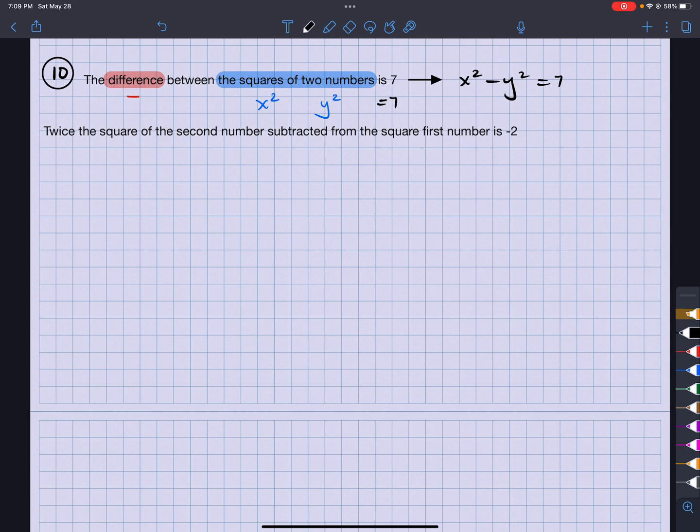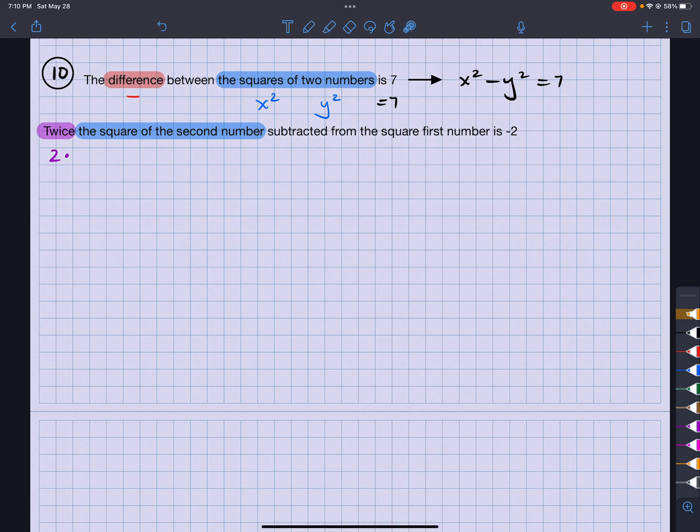Now I'm going to look at the second equation. We have a new word here, it says twice. Okay, so twice. What does twice mean? It means 2 times something. And then it says the square of the second number.